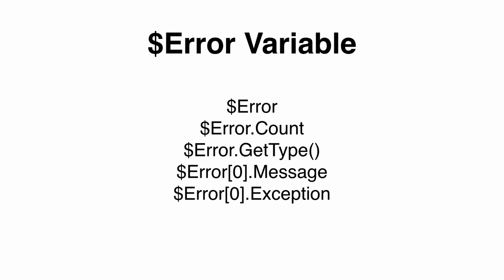If we want to see which exception was thrown, we can call the index. So we specify the $error with the square brackets index 0, and then the message or the exception. This depends on what type of error occurred, and this way we can see what the message or the exception was.